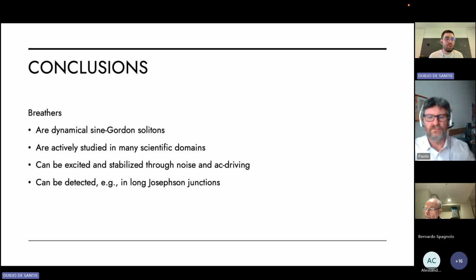We do that because we want to solve the breather detection problem in Josephson systems, which has been open for quite some time now. This generation technique allowed us to devise two different strategies for unveiling the properties of these modes in experiments.